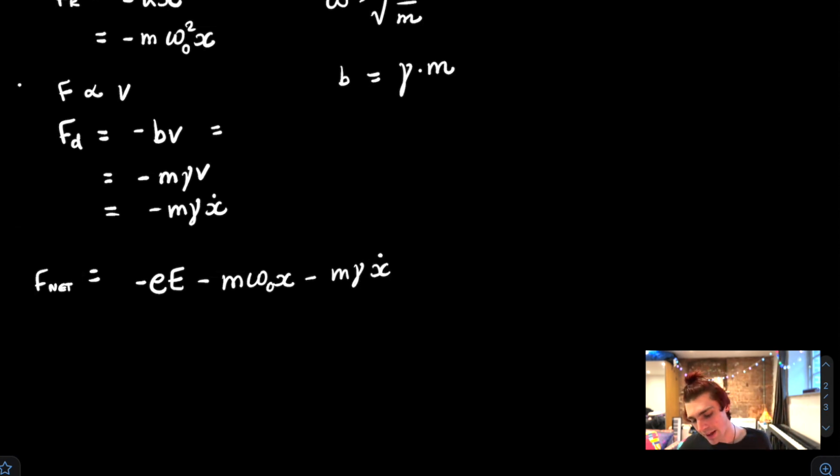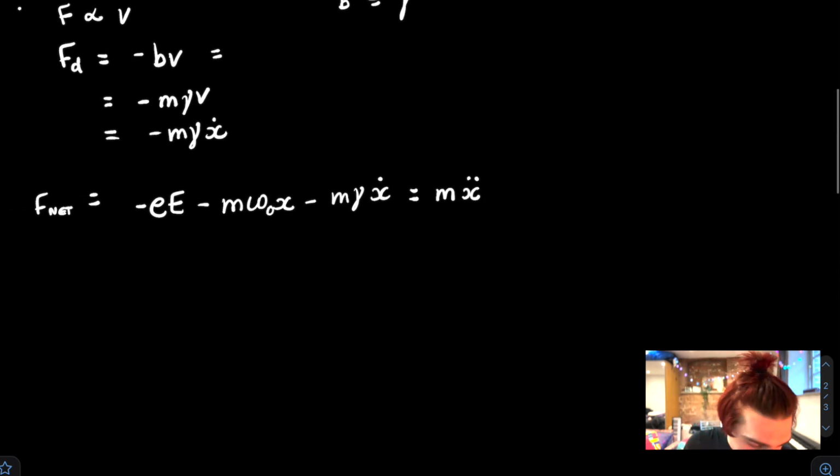Whenever we have a net force, we can always equate this to mass times acceleration. Acceleration is the second derivative of displacement, so we write two dots on the x, which means the second derivative of displacement with respect to time.